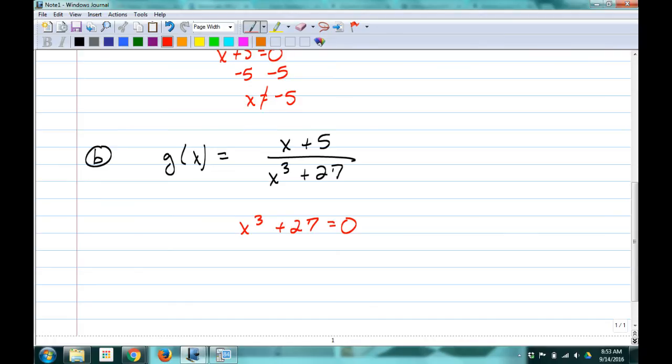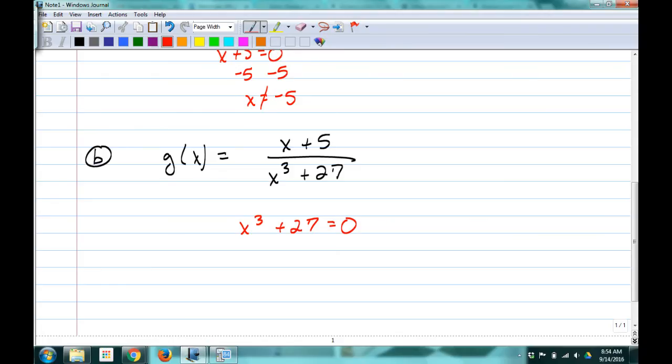So what are my options for finding the zeros? I can graph it, and that's going to help me get started. And then I can do synthetic division. How many people know that that'll factor? Not quite. Close. X plus 3 is part of it, but not the x minus 3.